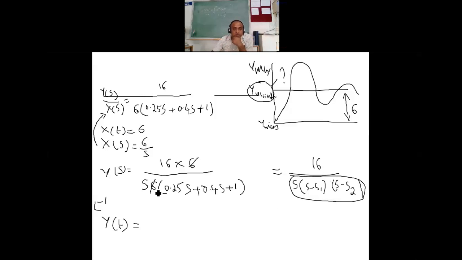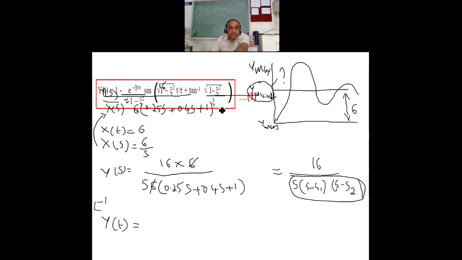So what is the Laplace inverse of this term? If you remember, we have done it and we have got the answer already. Derivation we didn't complete. So this is it. Can anyone remember this equation 1? Can you see that equation 1? I just picked it here.